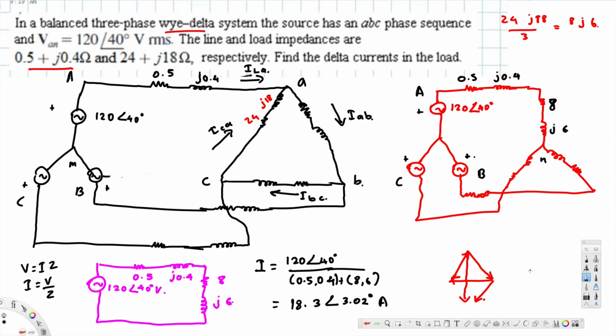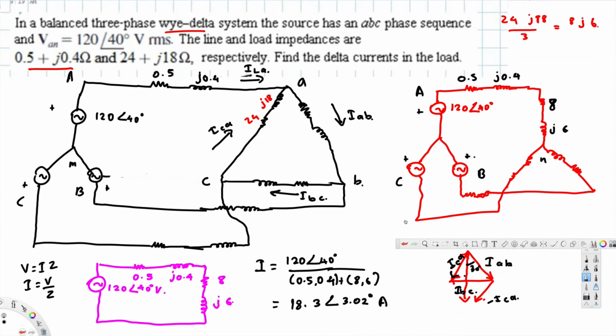This side is IAB, and this side is negative ICA, and this is IBC, ICA, 30 degrees.